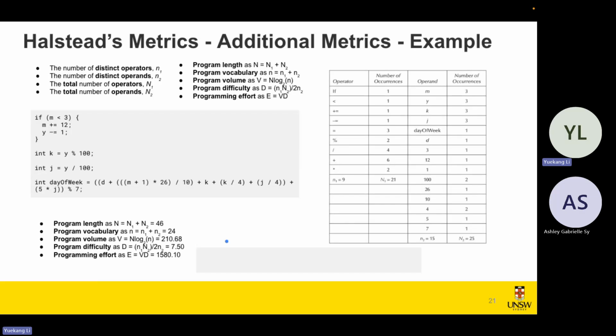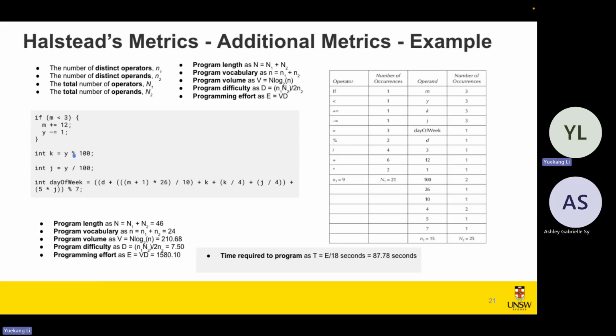But I don't think this makes too much sense, because if we come back to the previous example and apply the two new metrics, you can see that the time required to program this piece of code is considered as 87.78 seconds.